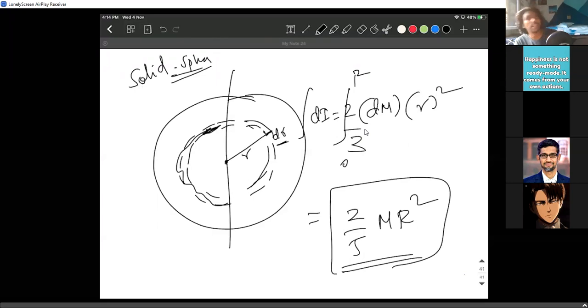Both the integration methods are available in some textbooks, and nobody is seriously going to ask you to remember them. They've asked you to remember the values, not the processes. So you don't have to worry about the processes.